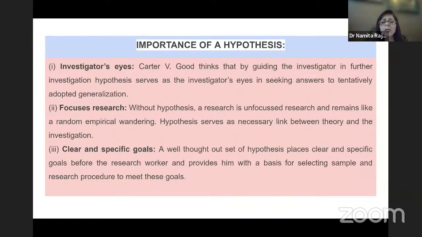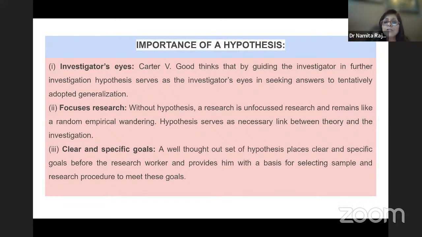Why? Because they are not subject to investigation. They are not verifiable. So if you want those generalizations to be effectively used by society at large, become an investigator. Hypothesis is the eyes of the investigator because it verifies it. It converts your generalizations into specific outcomes on the basis of which you can formulate anything for that matter.